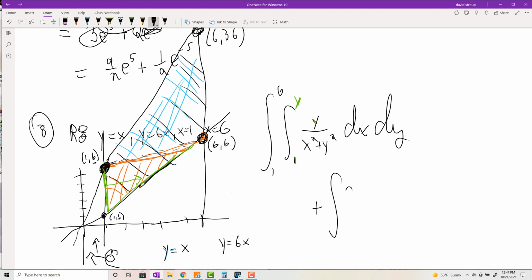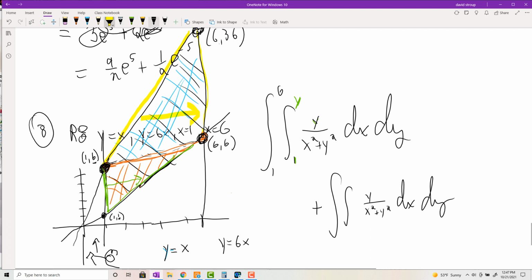And the second integral, again, y over x squared plus y squared, dx dy. So in the second integral, I'm going from this curve to this curve. The first curve is 6x, or rather 6y, I guess. We're going to need to rewrite it, right? It's that curve, but I need to rewrite it so it's x equals.